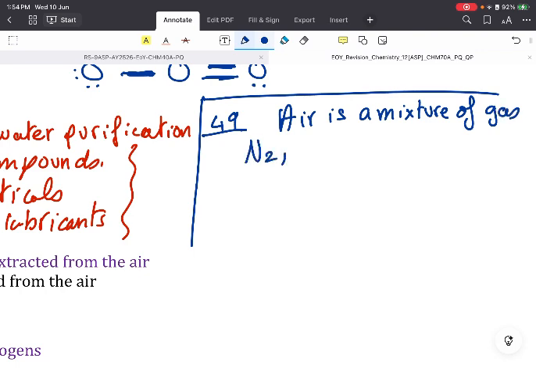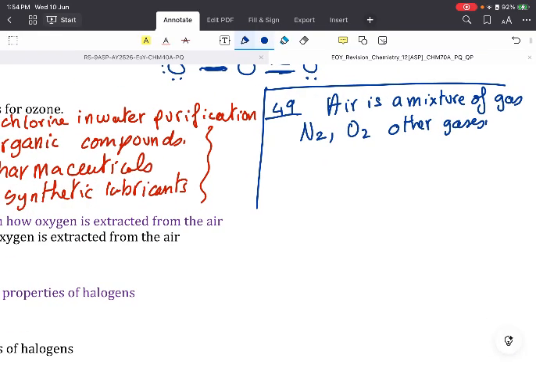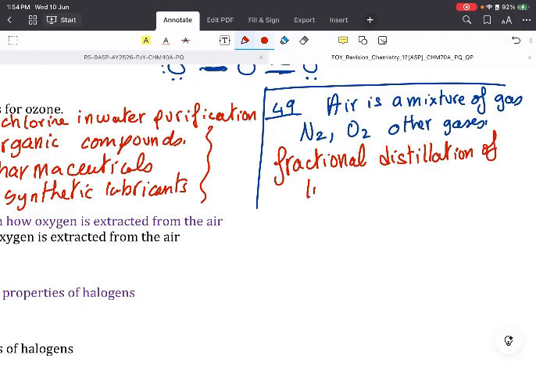Mainly it has nitrogen, it has oxygen, and it has other gases. So what happens to get pure oxygen? The scientists use a process called fractional distillation of liquid air.